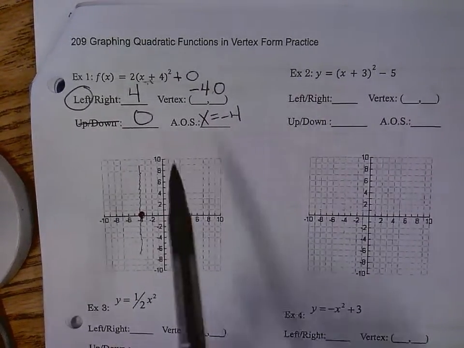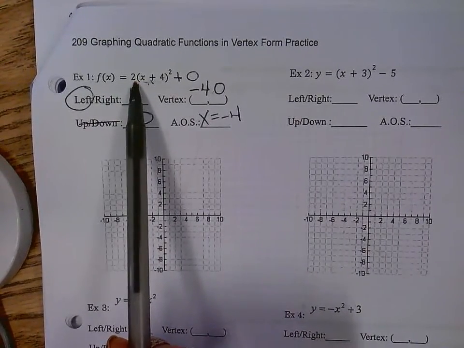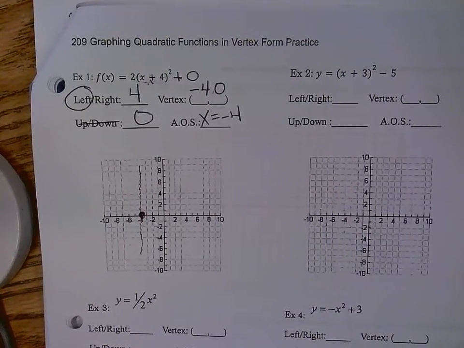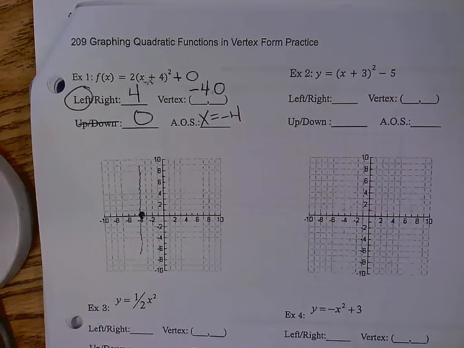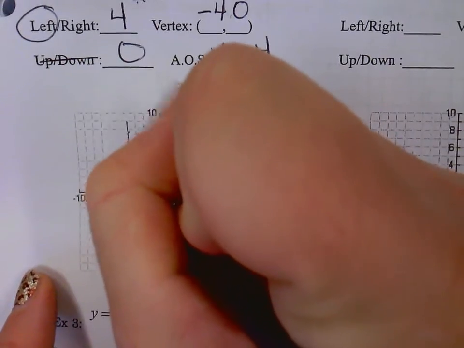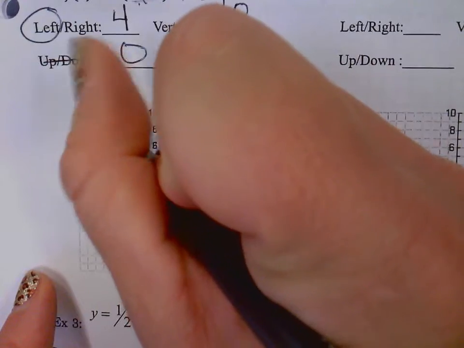Oh, actually, this 2 in front is doing something else, right? What's the 2 doing? It's stretching these values steeper. So you're going to double your y value. So 1, 2, 2, 8. This one won't fit, but 3, 18. So I go over 1 from the vertex and up 2, and over 2 from the vertex and up 8, twice as steep.